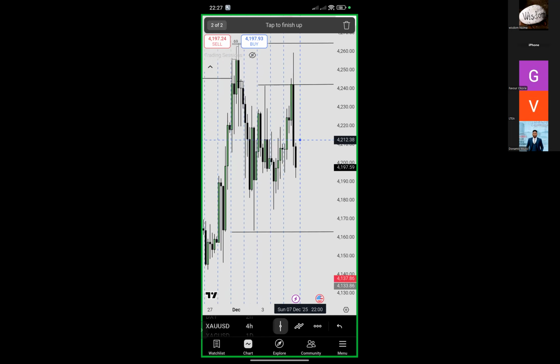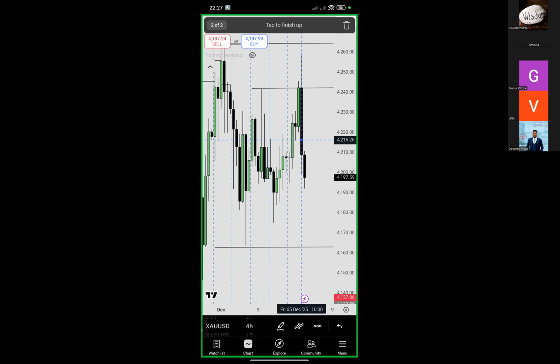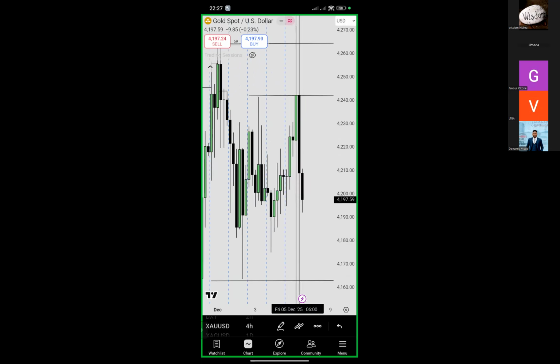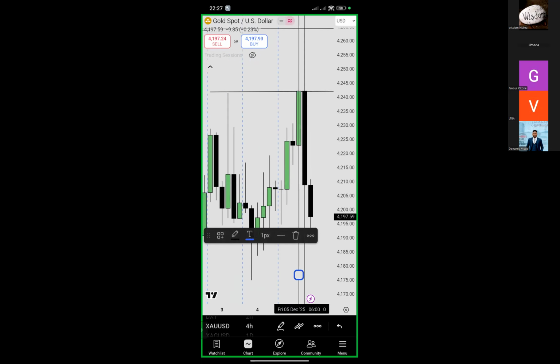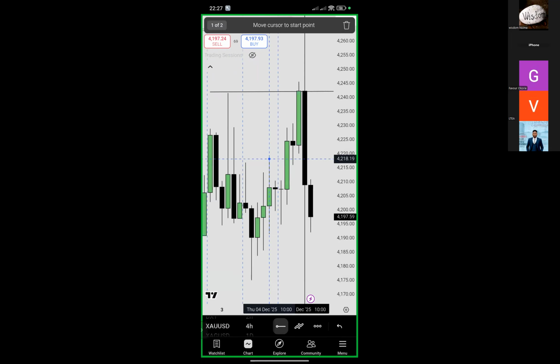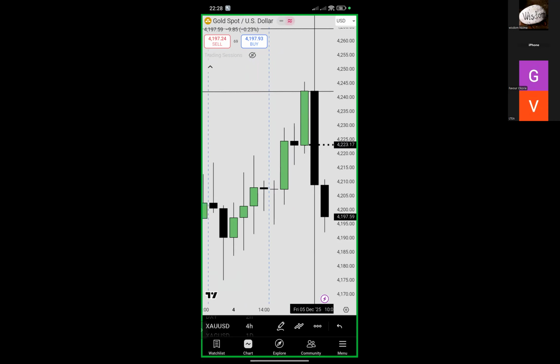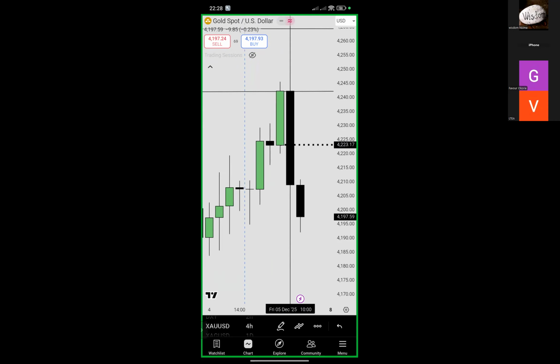Mark that area out. Use the horizontal ray, the one called horizontal ray. No, not there. Down, down. The open price, yeah, there. So if you mark it like this, some people will call this your order block, yes?